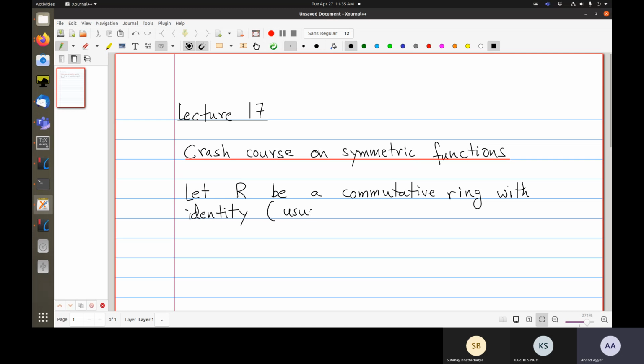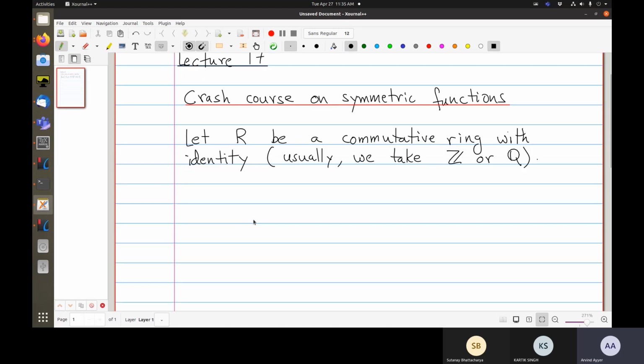So usually we take either Z or Q. Then a formal power series, let X be an indeterminate.